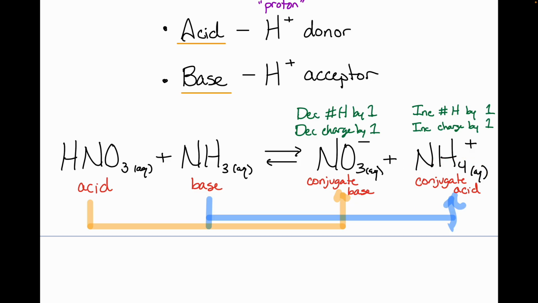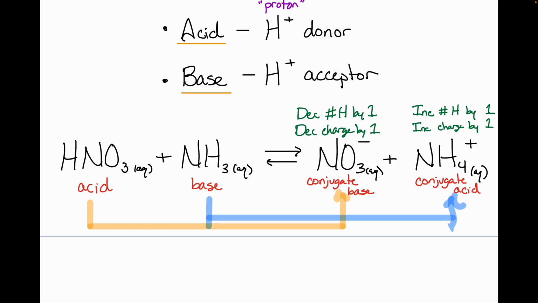And what would be playing the role of the base, accepting the proton, would be your conjugate base. All right, so that's where that terminology comes from. When we look at the reaction in the reverse direction, our conjugate acid is the acid donating a proton, and our conjugate base is playing the role of the base and accepting that proton.